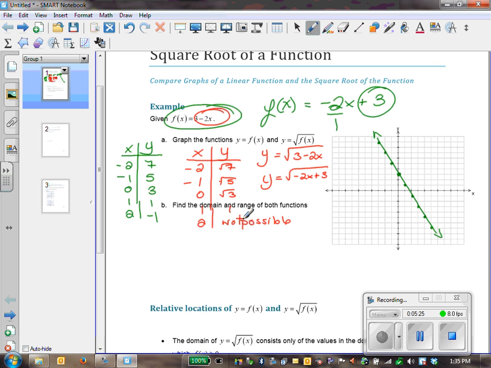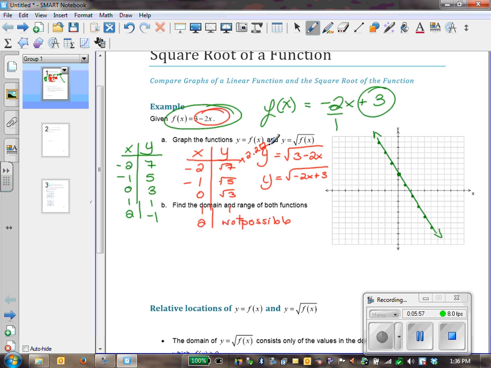Alright, so can we graph these? You're probably going to need your calculator unless you can do square roots in your head. Root 7 is approximately 2.7.